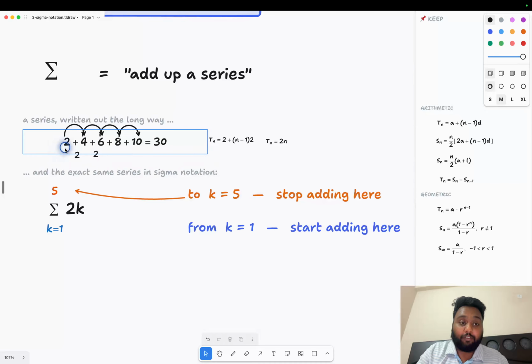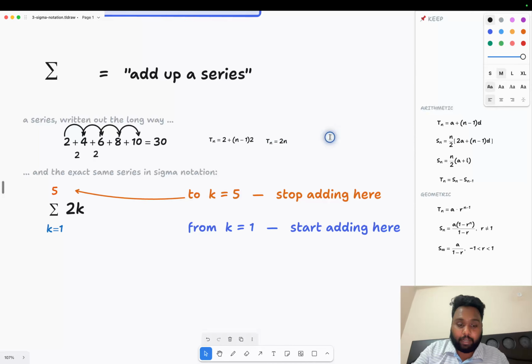Do we start adding from 0? Do we start adding from 2? And up to which term do we go? Because for this 10, what is my 10 going to be? My 10 is equal to 2n, right? And when I have that, my value of n is equal to 10 by 2, and then my n is equal to 5.